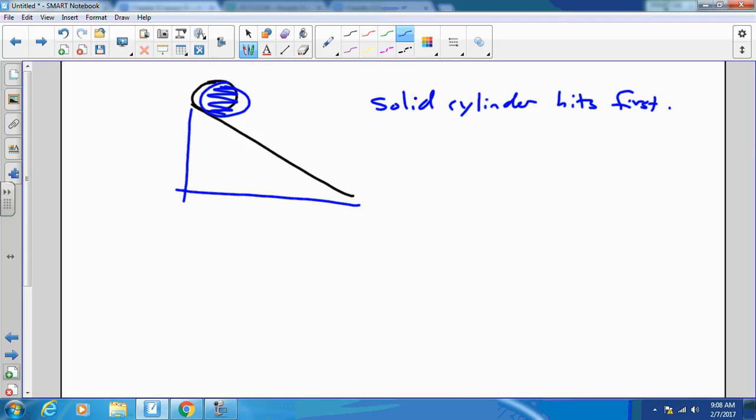Speaking of knowing moments of inertia, it's probably a good idea to know the solid cylinder and the hollow hoop, and to derive them for yourself once so that you can see why they work out the way they do.